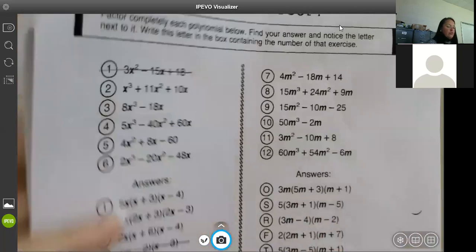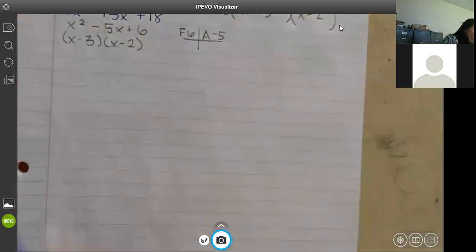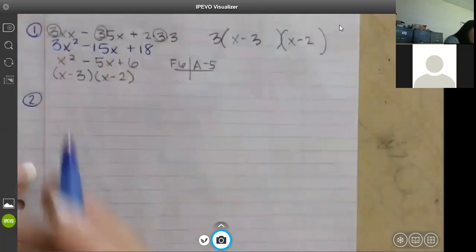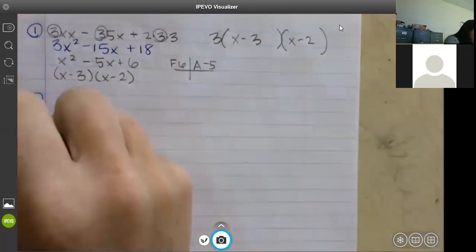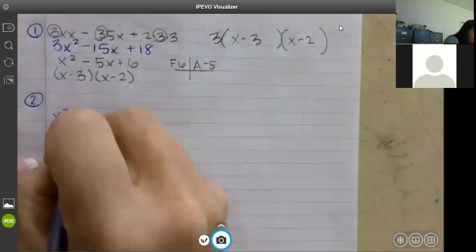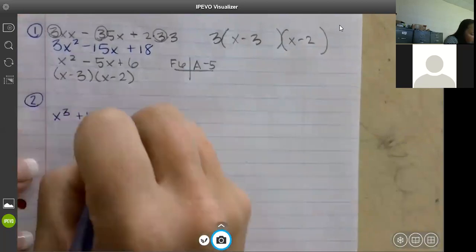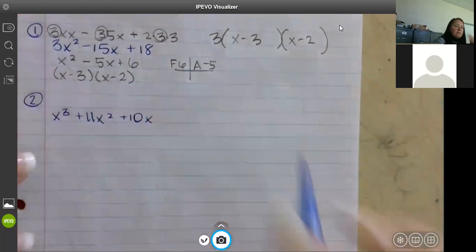All right, look at number 2. Number 2 is x cubed plus 11x squared plus 10x.